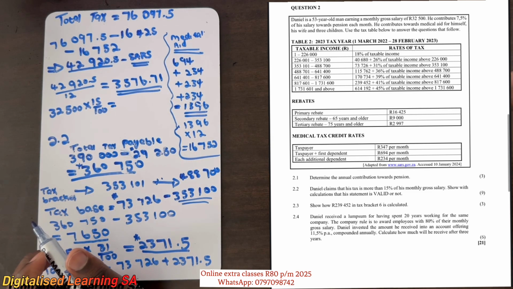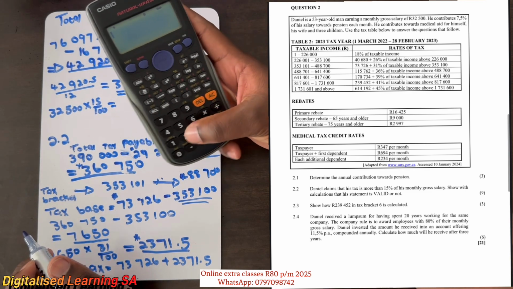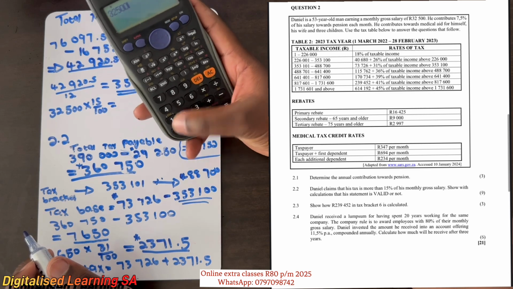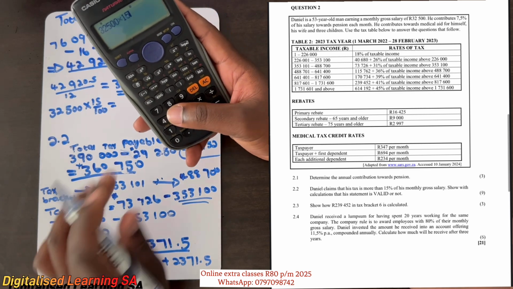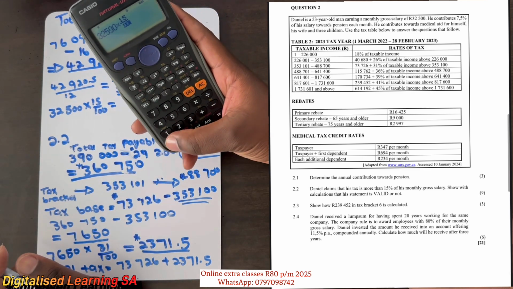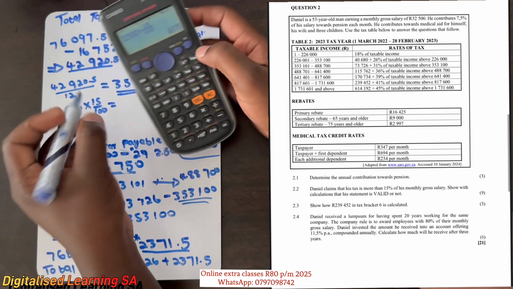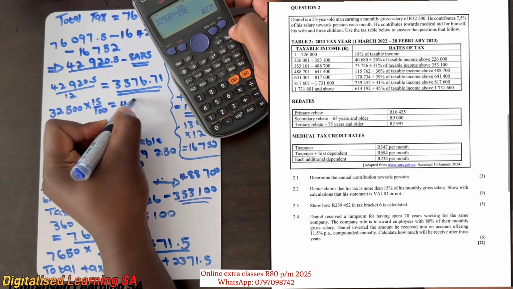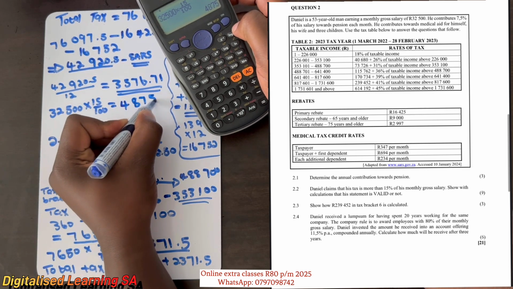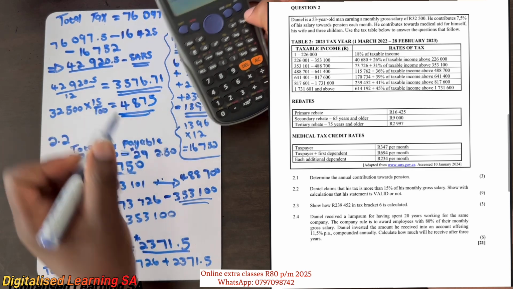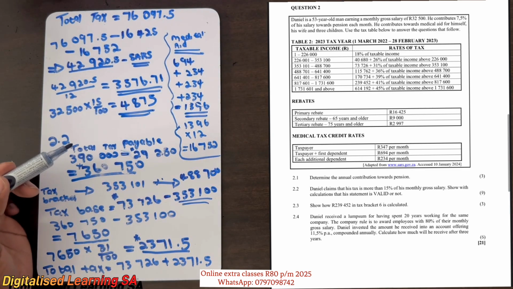So we just come and say 32,500 multiplied by 15 over 100. And our answer will be 4,875. So his claim is that he pays more than 15%.